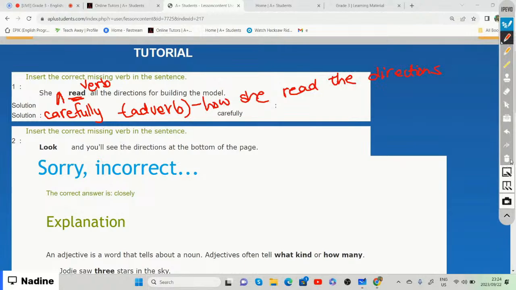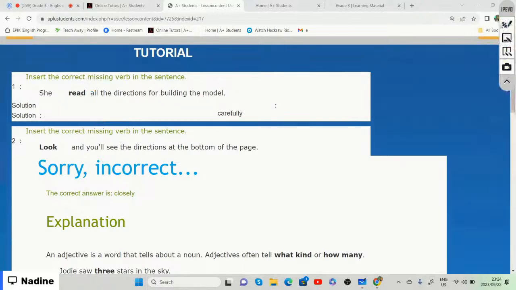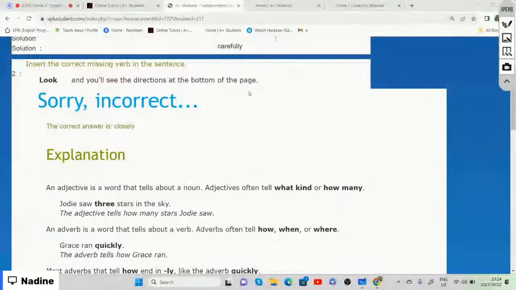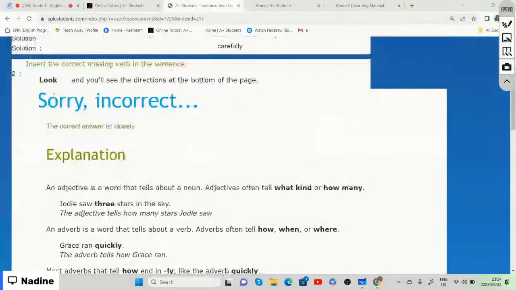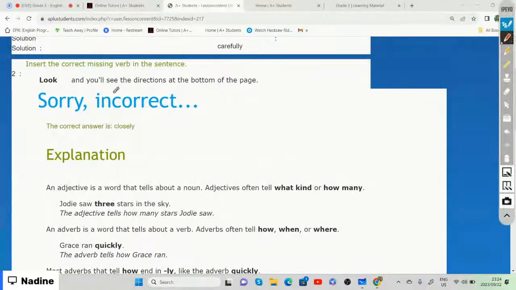All right, we go into the next one. Look, and you'll see the directions at the bottom of the page. In order for you to see the bottom of the page, you need to look closely. Closely, which means that look is a verb.